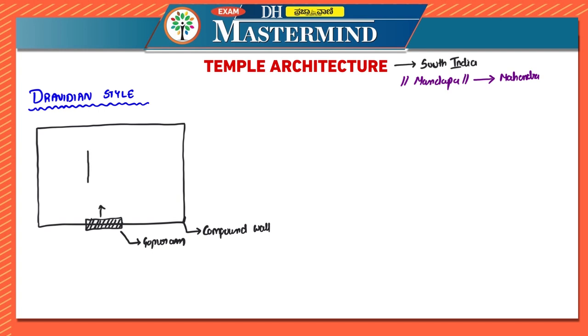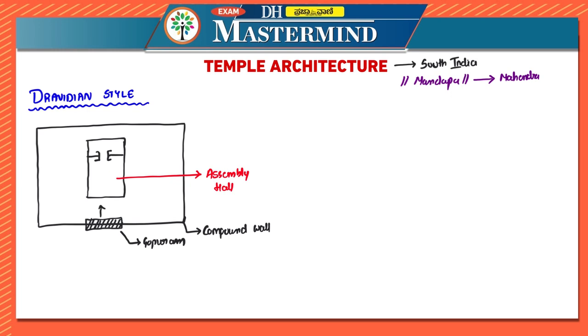Now, this is the temple. Initially, you'll have the assembly place, the place wherein you assemble. I'll write it in red over here. This is the assembly hall. As soon as you enter, you do not enter the sanctum sanctorum, which is the garbhagriha. After assembly, you have a small entrance over here.